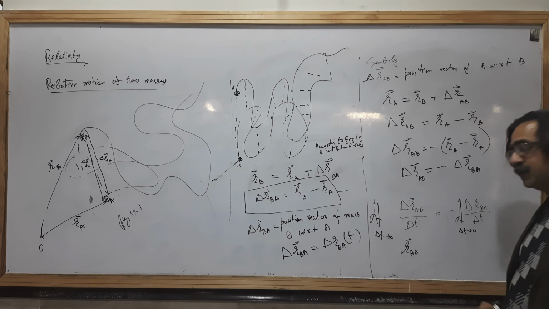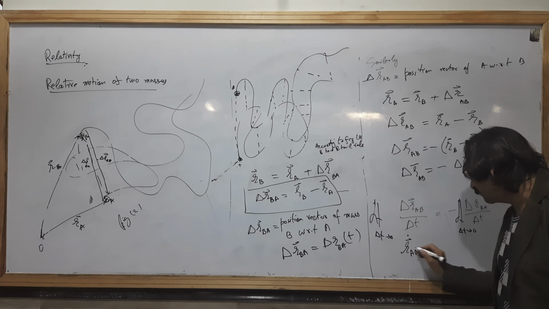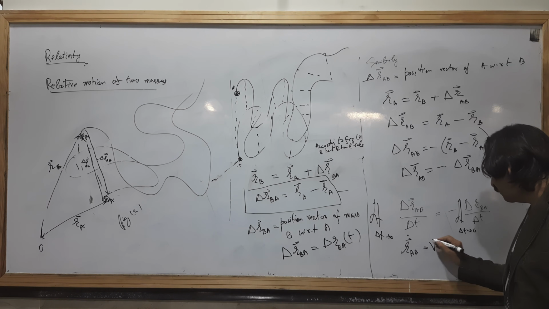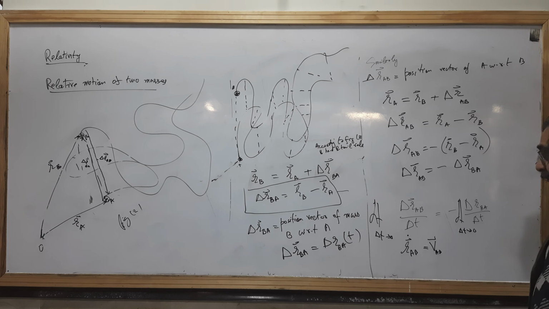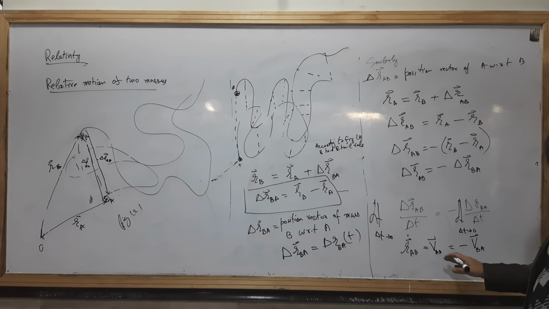Dot means time derivative, and this will be VAB, and this will be minus VBA. So this velocity will be opposite.